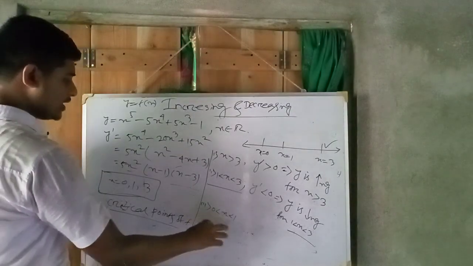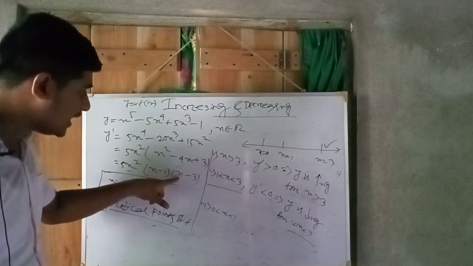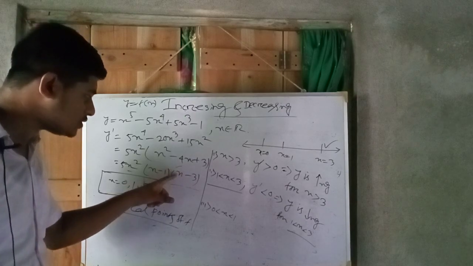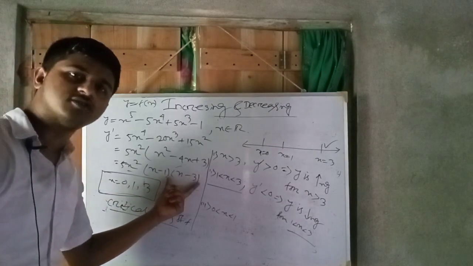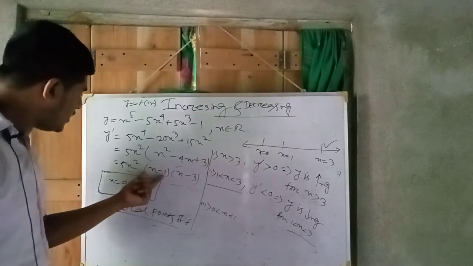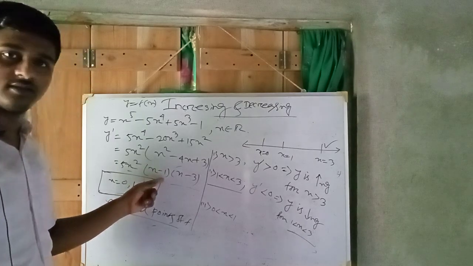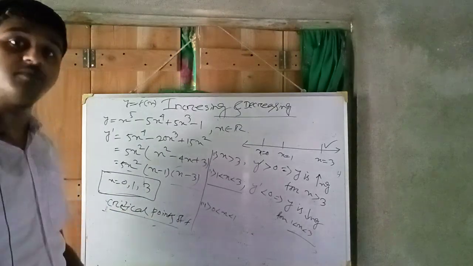When x is less than 1 and greater than 0, look at this. When x is less than 1, suppose you put a less than 1 term, minus 3, so this is totally negative now. And this is also negative, a less than 1 number minus 1, so this is also negative. So negative into negative, this is positive.